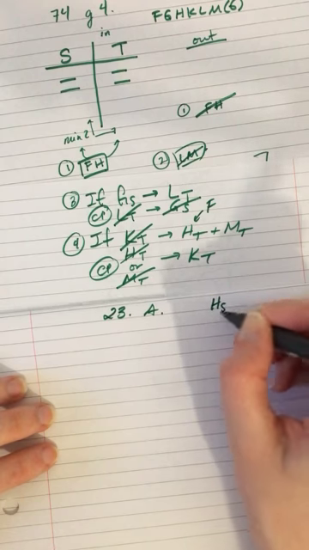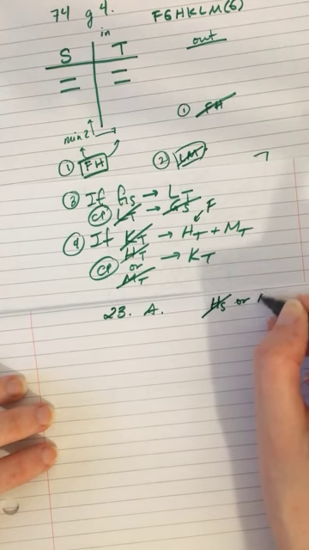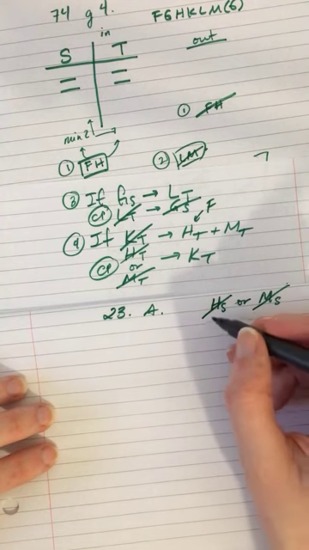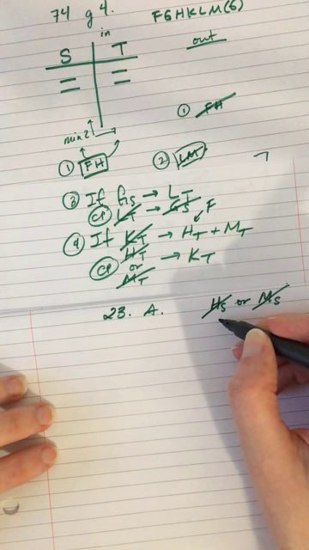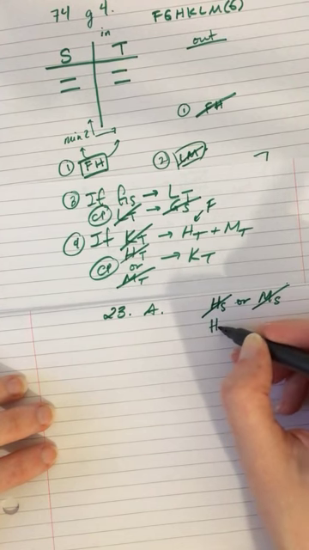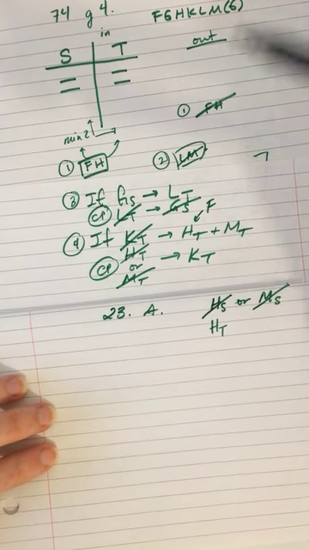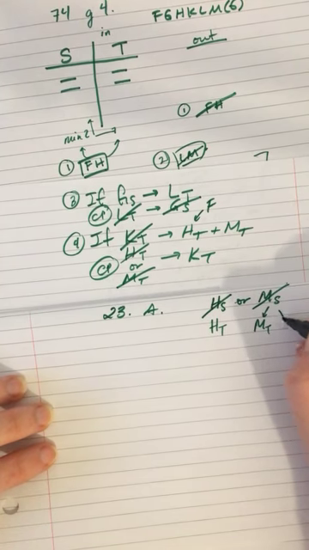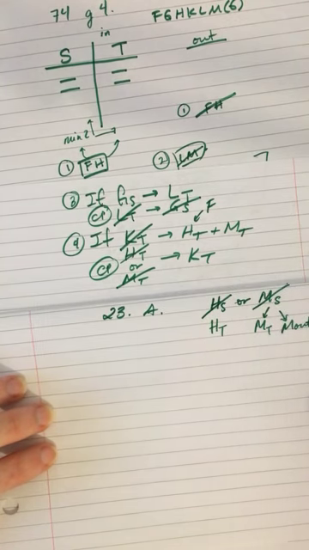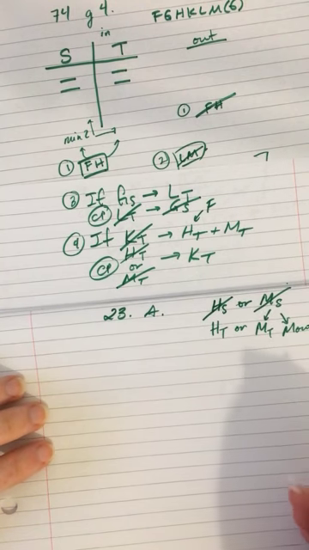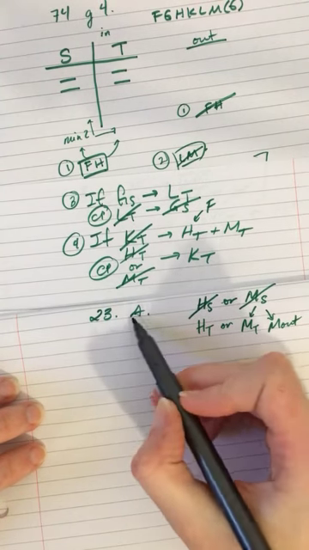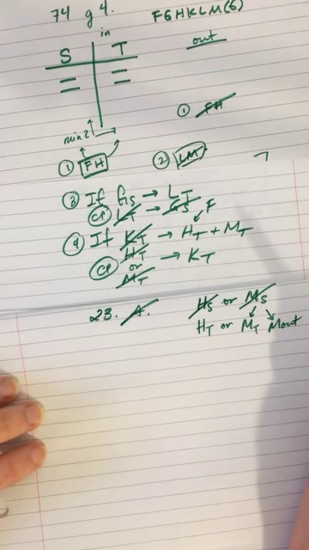So it would be H is not assigned to S or M is not assigned to S. And we also know in this game that for H, not being assigned to S is equivalent to H being assigned to T because H cannot be out. But for M, it's not equivalent to that because M could still be out. So here we have still too many options open that weren't allowed under the original condition. So A is out, not the same.